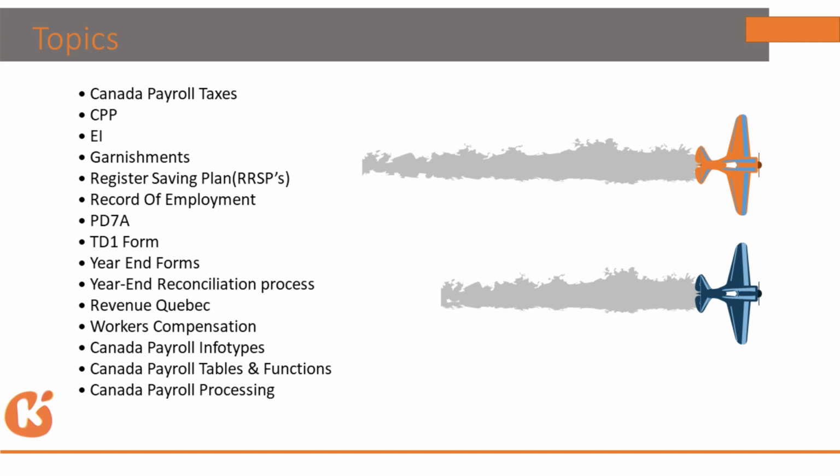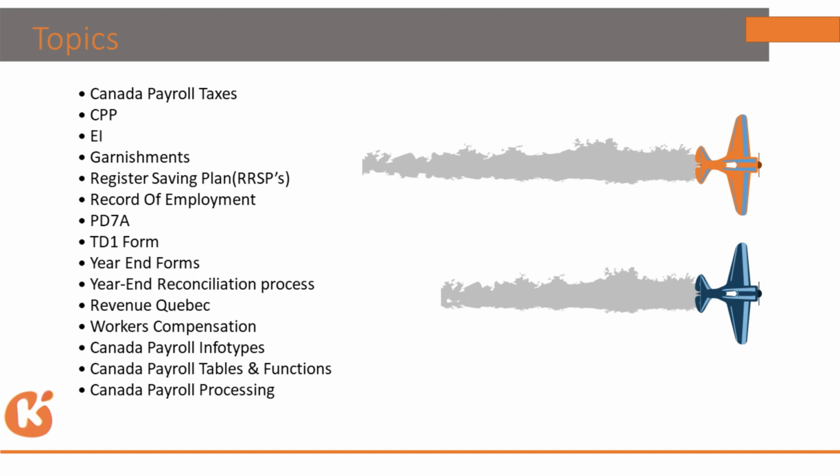The record of employment is issued when an employee has an interruption of earnings continuously for 7 days, and it should be issued within the first 5 calendar days. We do have block-by-block instructions in SAP.